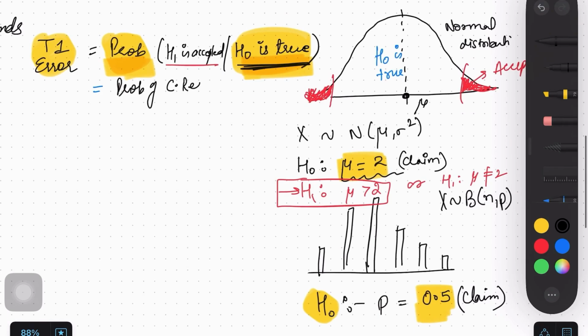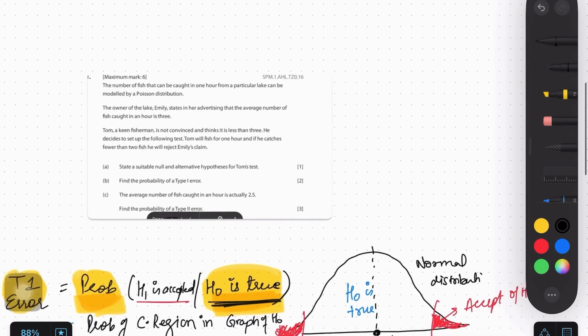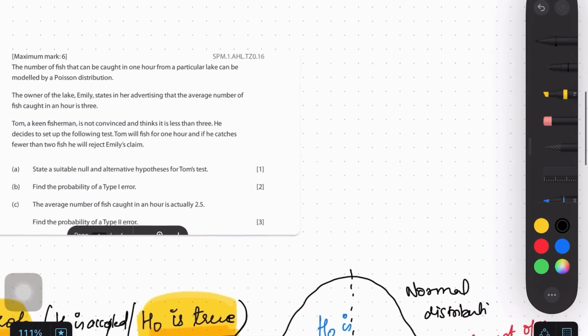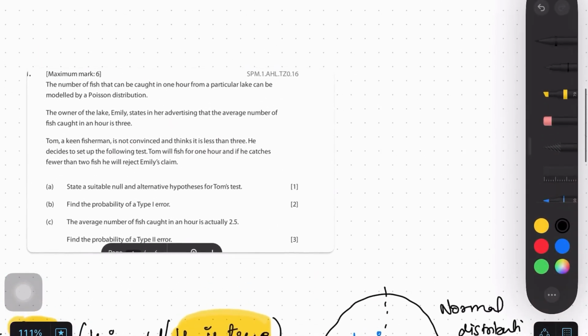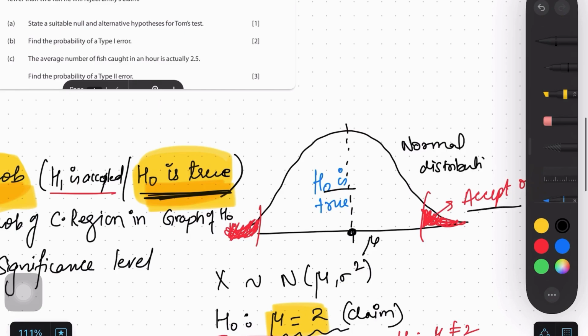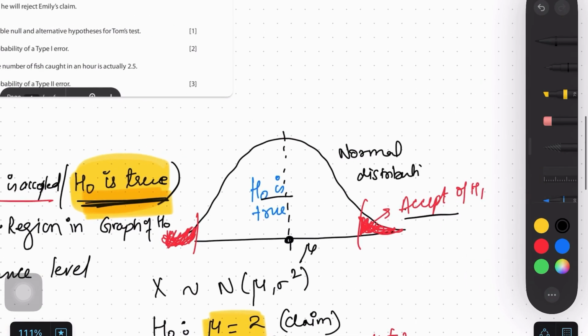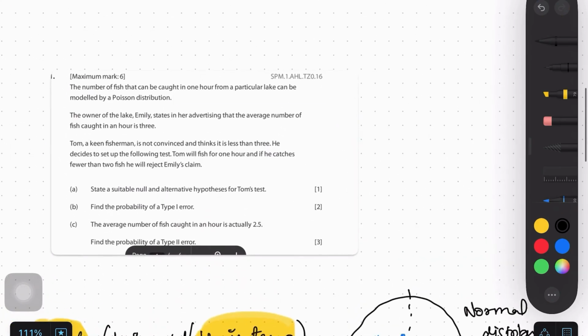So that means the critical region, which refers to the acceptance of the alternative hypothesis, is what I'm looking for in type 1 error. If my alternative hypothesis is mu greater than 2, then definitely it will fall on the right side, right? If it is H1 mu not equal to 2, then it will fall on both sides, right?